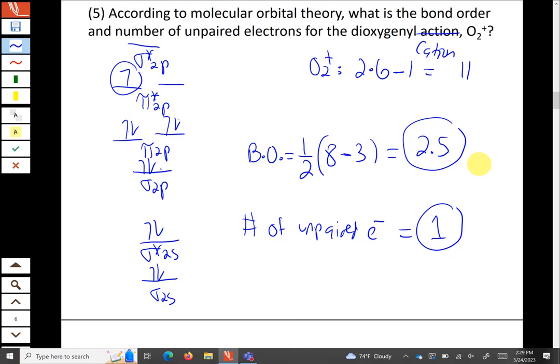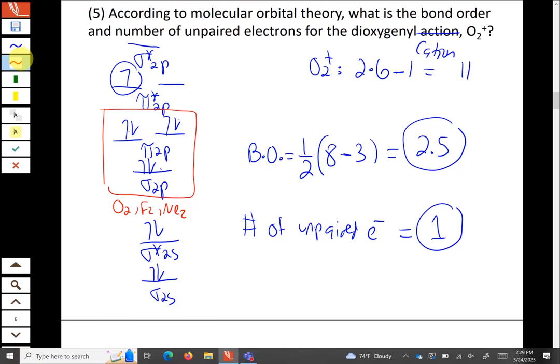Yeah, so the ones that switch on us are these two here. This ordering where you have sigma 2p first and then pi 2p is going to be true for the second half of the p block: O2, F2, or if you did neon, which does not really exist. For any of those p block elements, those last three columns, it would switch to this.